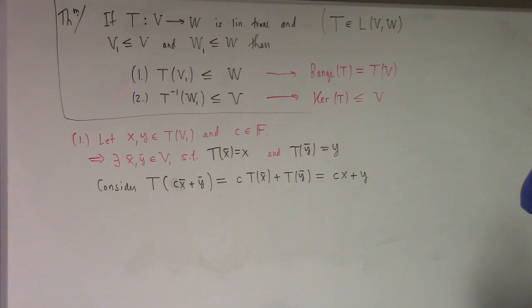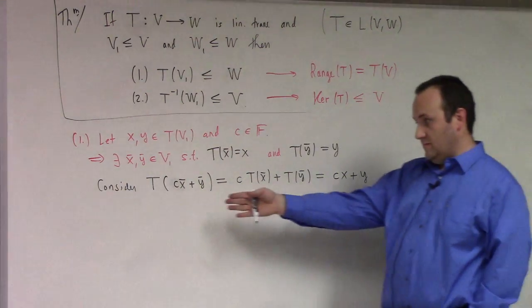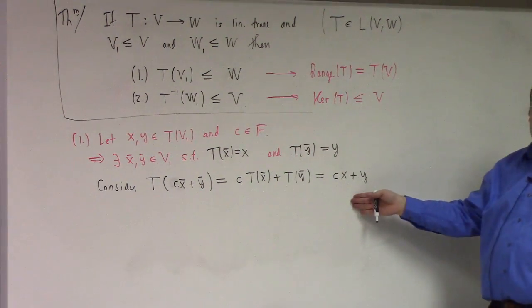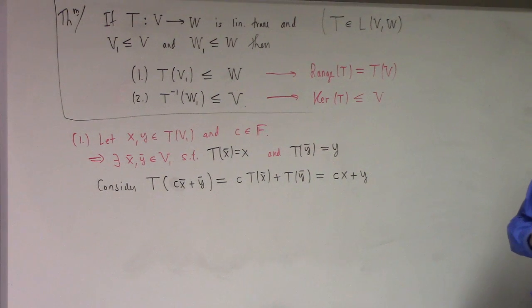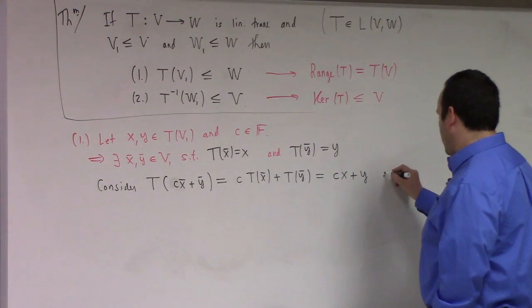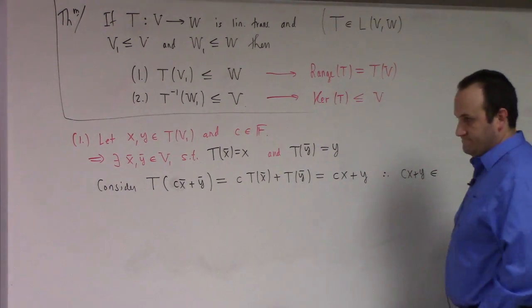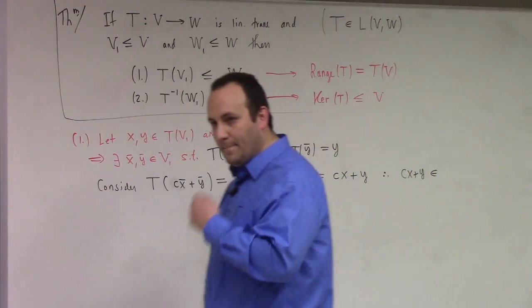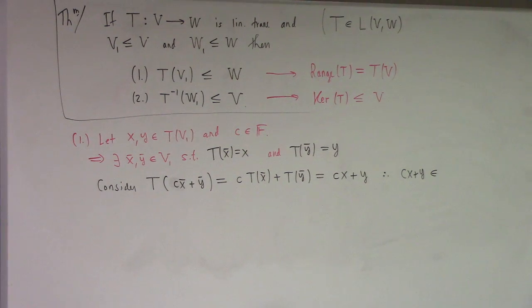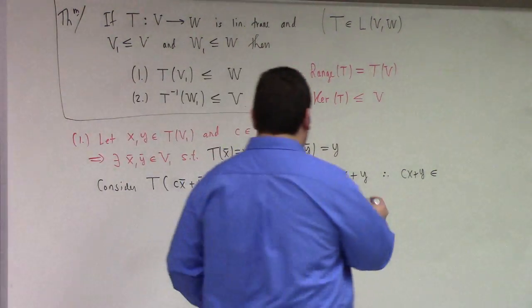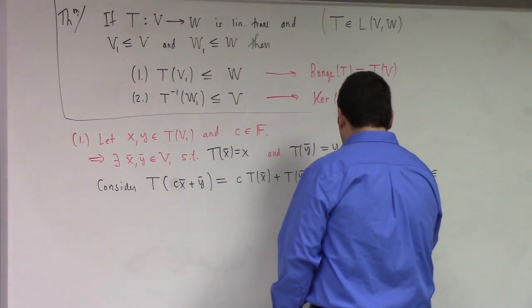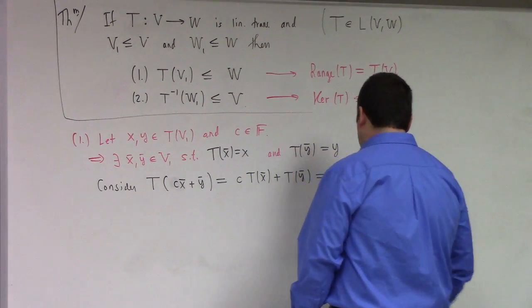What is this calculation I just wrote? What does this show? Therefore, cx plus y is an element of what? A little bit more leading question.